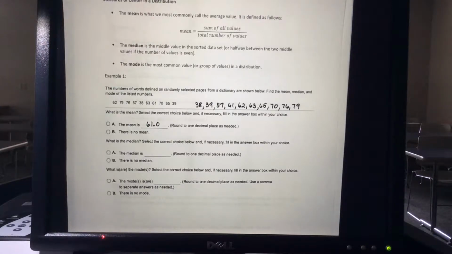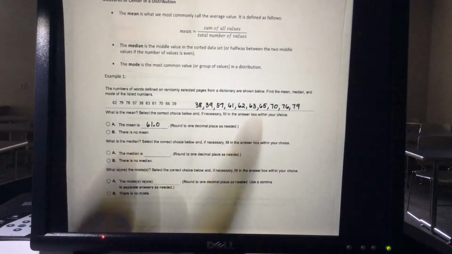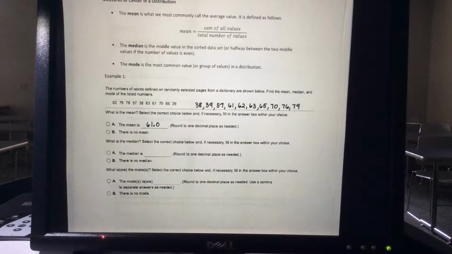And then second is, what is the median? Well, the reason why I had placed these data values in numerical order is because to find the median, you have to sort the data set, put it in numerical order from least to greatest, and then find the median.